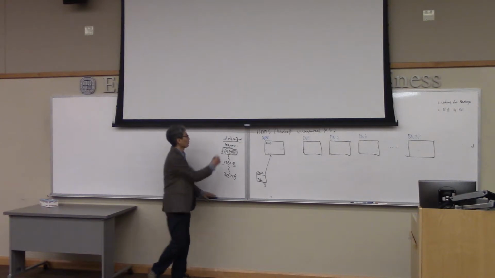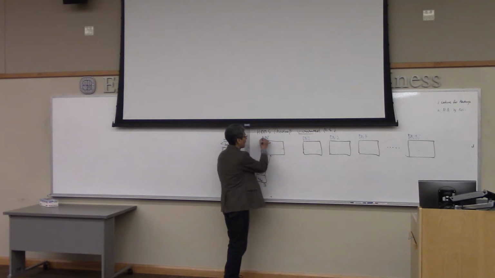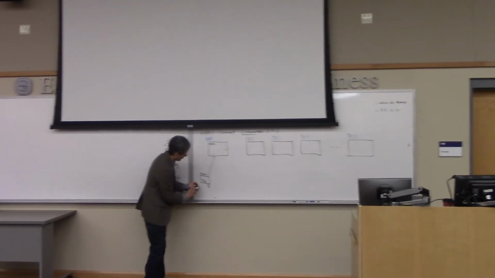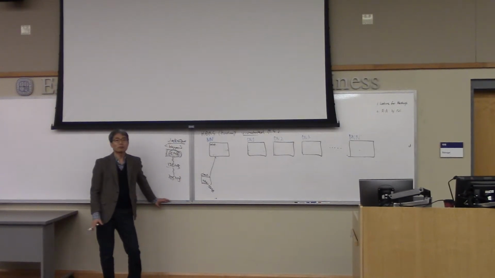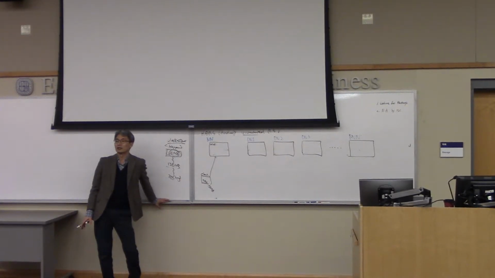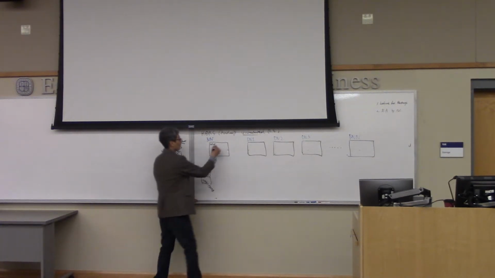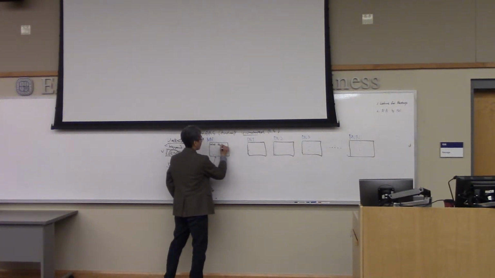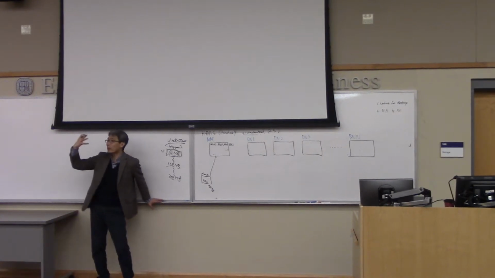So the naming node determines, to simplify, the a.txt is 150 megabyte. How many blocks do we need? 3 blocks. Okay, if we are using 64 megabyte, so block 0, block 1 and block 2. So a.txt needs 3 blocks.